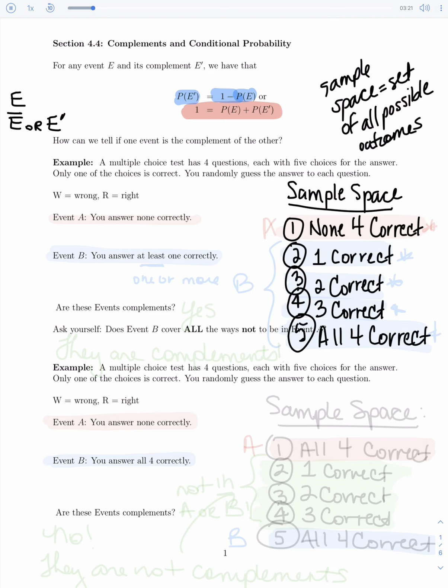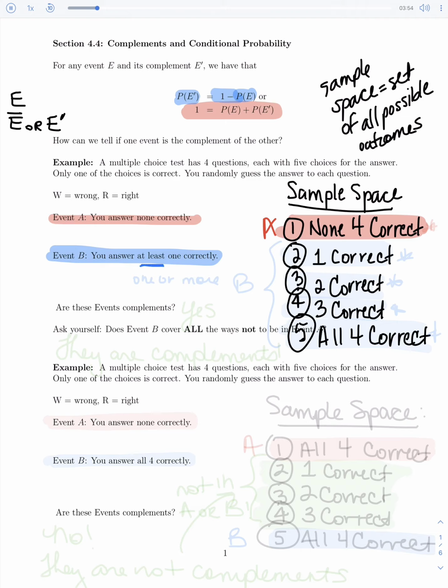So let's take a look at seeing which event is which. Well, our first event, A, is that you answer none of them correctly. That is just number 1 in your sample space. So that's all A is. The question is what's included in B. Well, B is that you answer at least 1 correct.